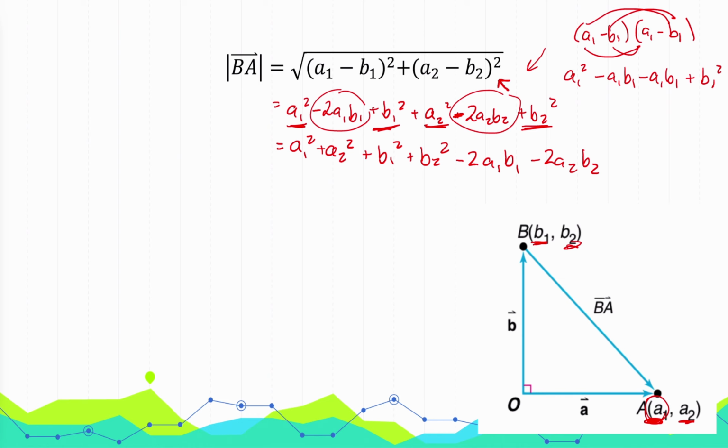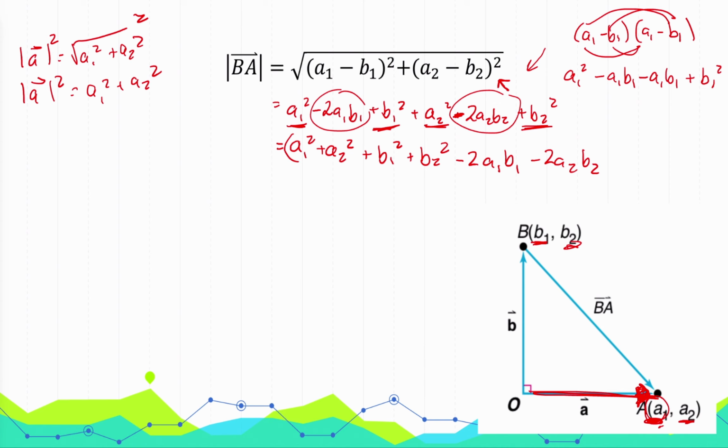And then the length of this vector, again by the Pythagorean theorem and the definition of a vector, the magnitude of vector A is going to be the square root of a1 squared plus a2 squared. Or, if we square both sides of that, the magnitude squared is equal to a1 squared plus a2 squared.